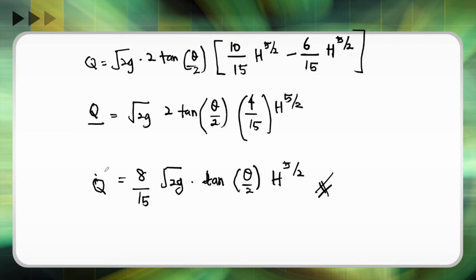I showed you the derivation of the V notch, and at the end of that derivation, we know that the discharge rate for the V notch is Q equal to 8 over 15 square root of 2g tan theta over 2 H to the 5 over 2. This is the theoretical discharge rate.